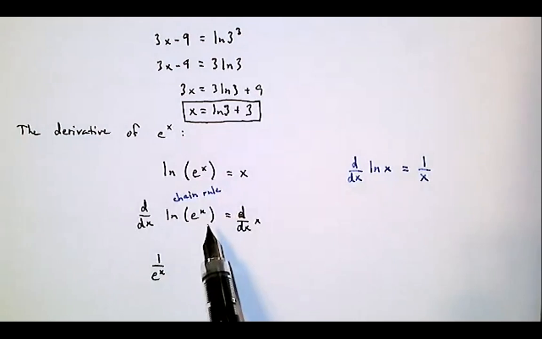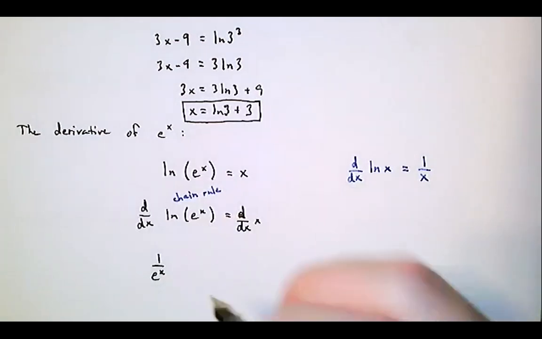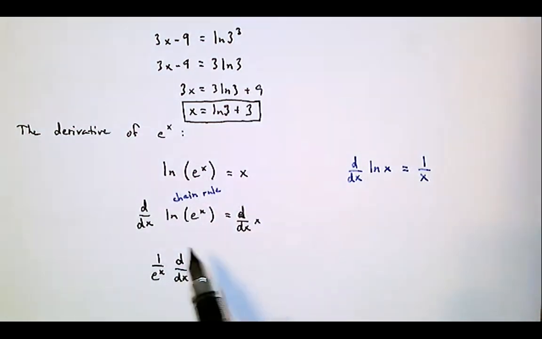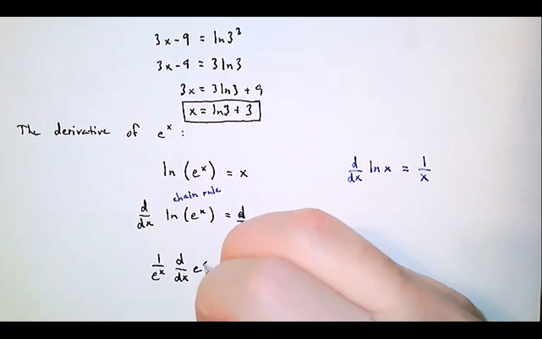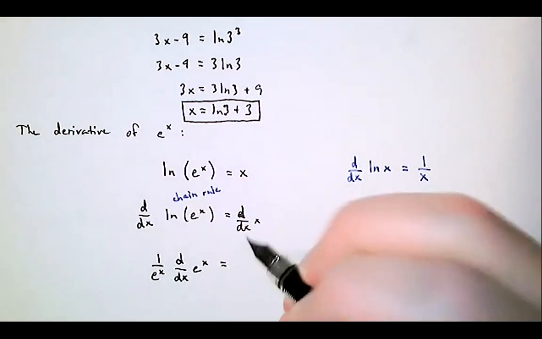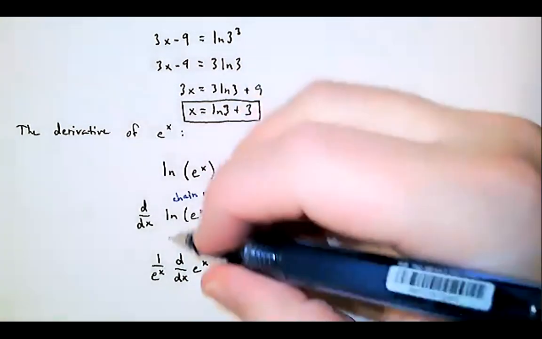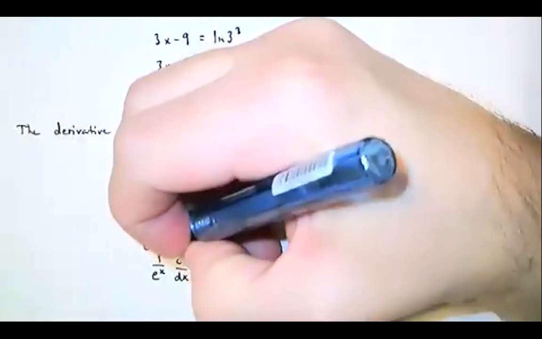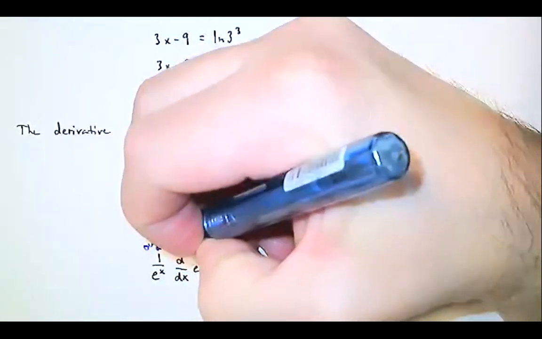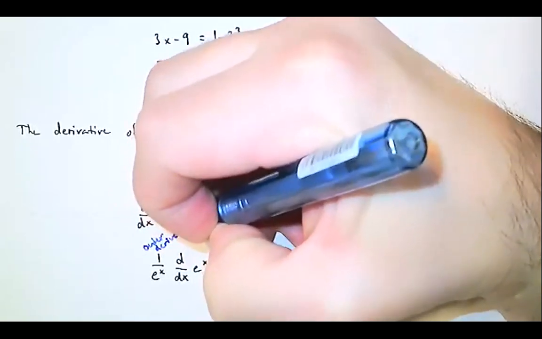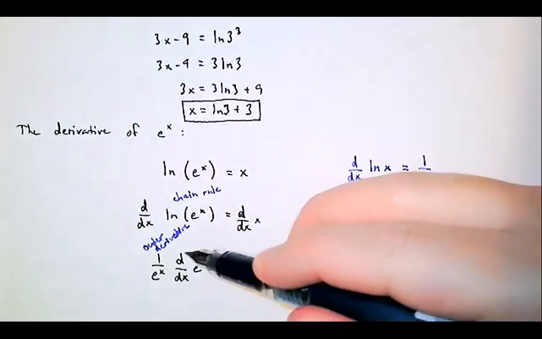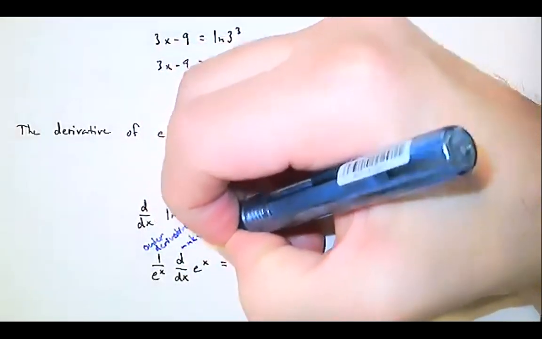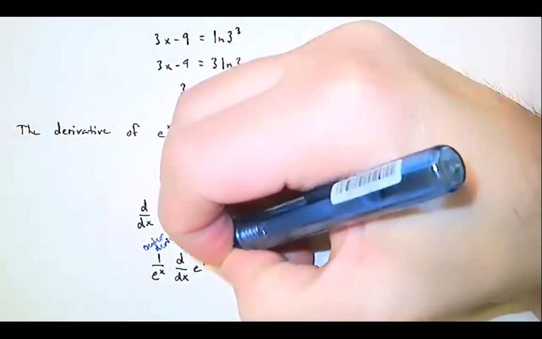And then we need the inner derivative still, but we don't quite yet know what it's going to be. So I'm going to leave it as just the derivative of e to the x. So maybe labeling 1 over e to the x is the outer derivative, and this part, the derivative of e to the x, is the unknown inner derivative.